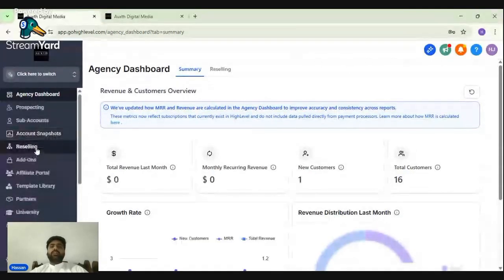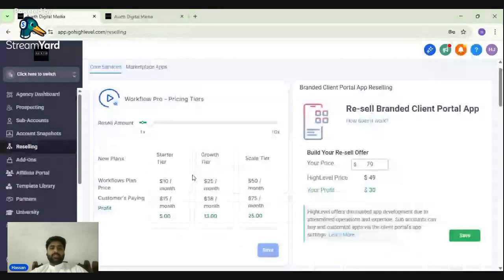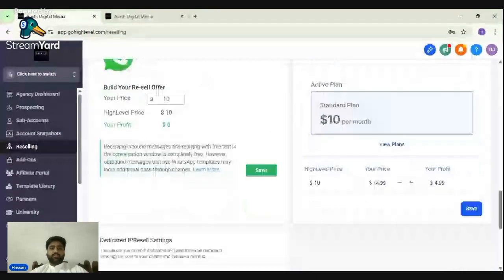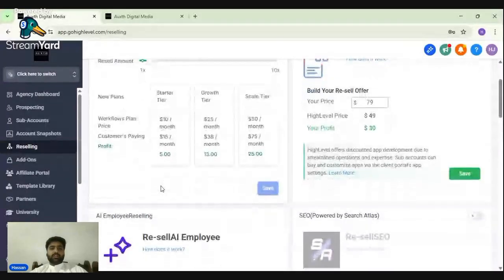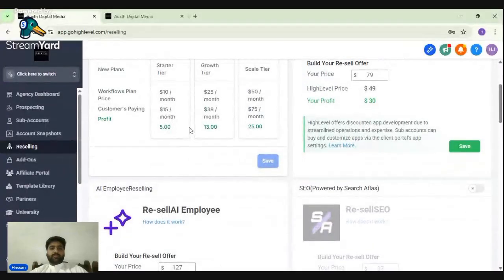So how can you create subscriptions? You go to reselling, and here you can create subscriptions, workflows, pricing. You can see some of these are already made by GoHighLevel.